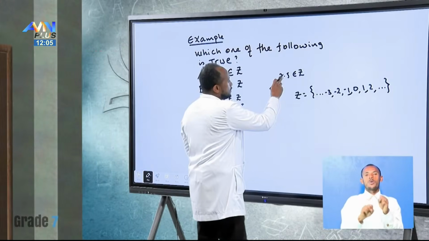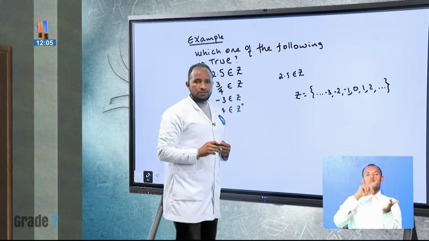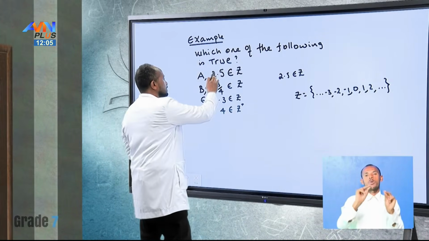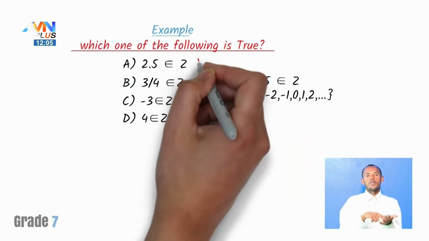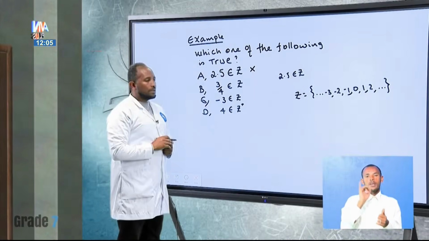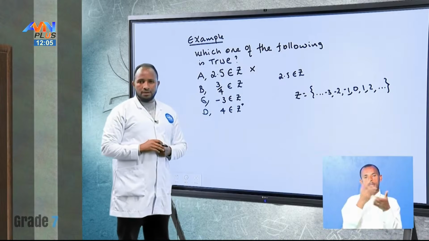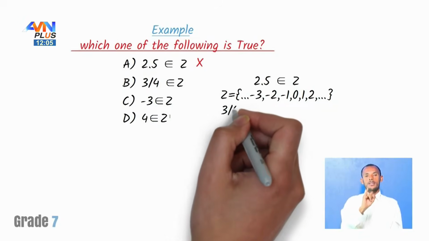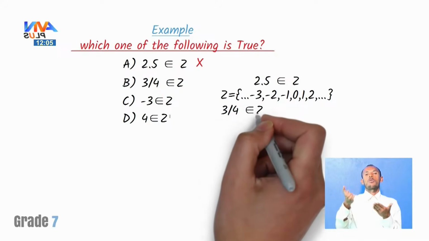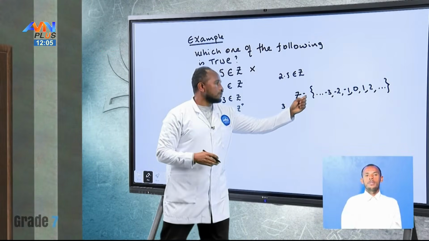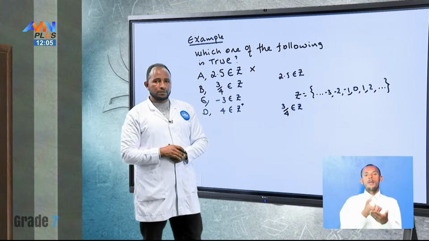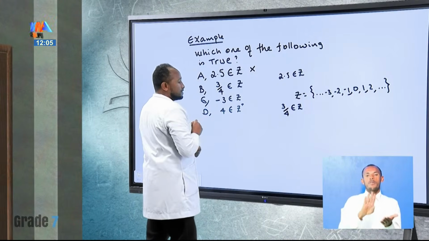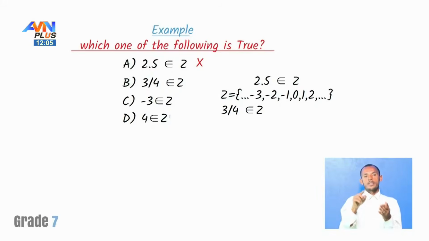So we don't have 2.5 in this set. Therefore, 2.5 is not an integer, and this is a wrong statement. Now, let's see B. Is 3/4 an element of the integers? Is 3/4 found in this set? No, it's not. This statement is wrong.